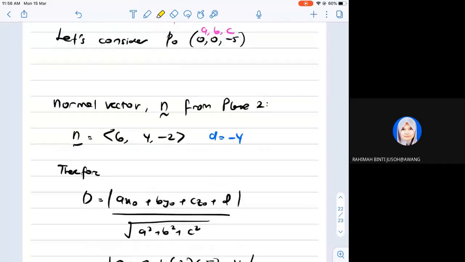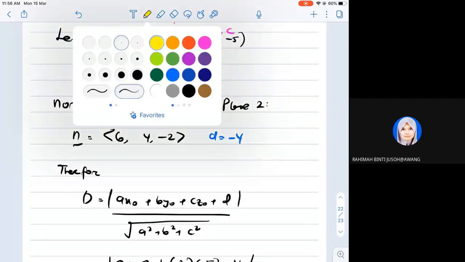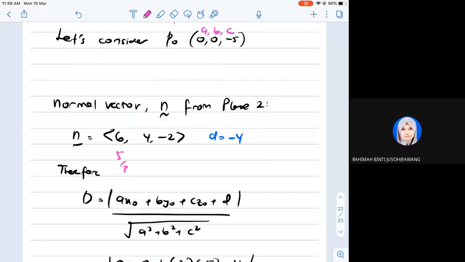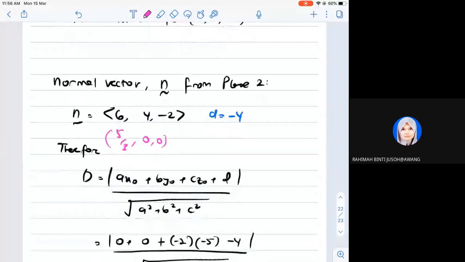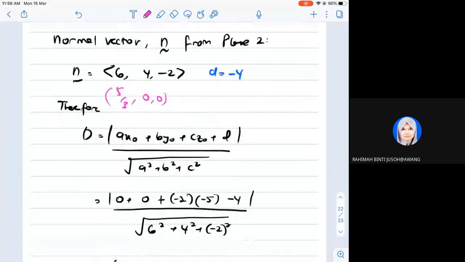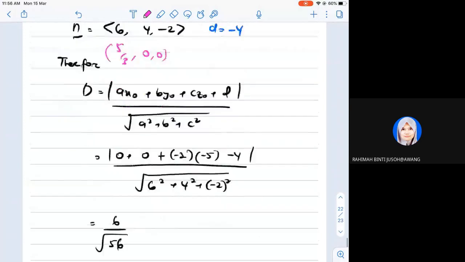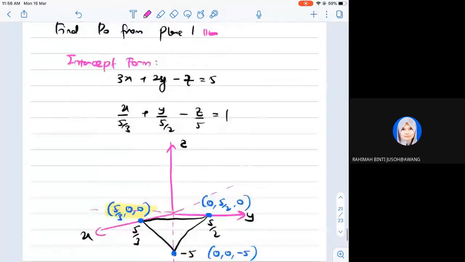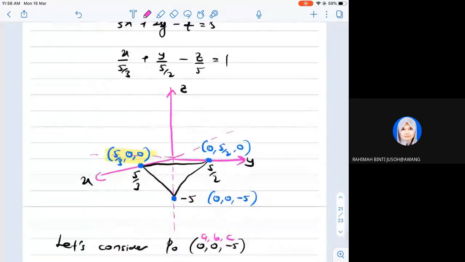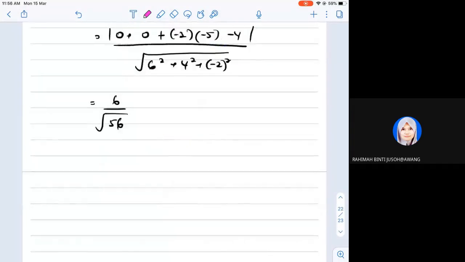Saya pakai marker pen pink. 5/3 times 6, you all dapat 2 kan? 2 times 5, 10. 10 minus 4 samalah. Sama je. Okay, so moral of the story for this type of question is up to you nak ambil yang mana satu. All of this coordinate will give you the same distance.